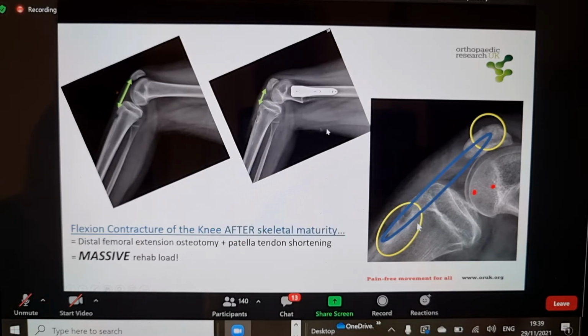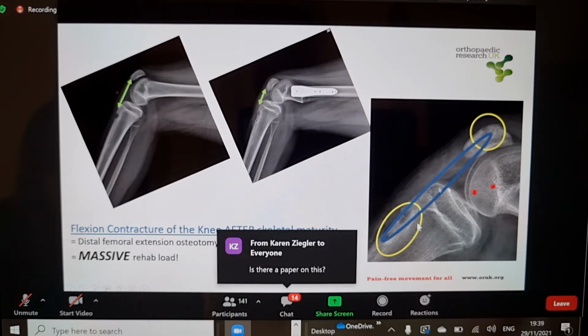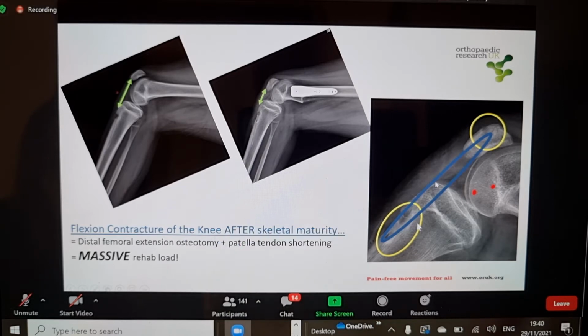But what this belies is the surgery that has gone on here. Essentially, I've detached the whole of the extensor mechanism and reattached it more distally and put a large cerclage tape to protect the repair that I've done. It doesn't look much on the X-ray, but in terms of rehab, to detach a cerebral palsy patient's extensor mechanism and get it better, this is a big job for you guys.